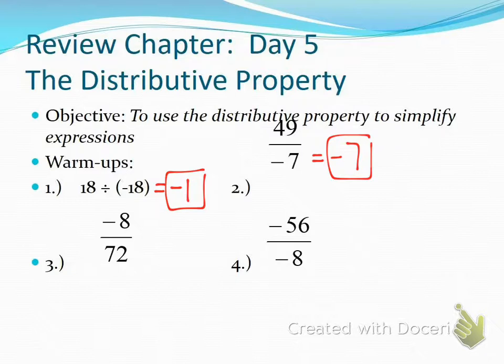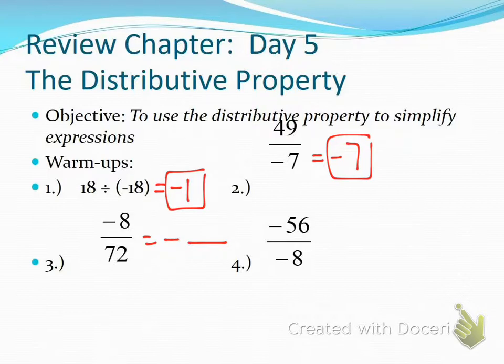So first, if we have a negative divided by a positive, our answer would have what sign? A negative. Since the smaller number is on top, 8 is smaller than 72, our answer is still going to be a fraction. So we just need to simplify this as a fraction.